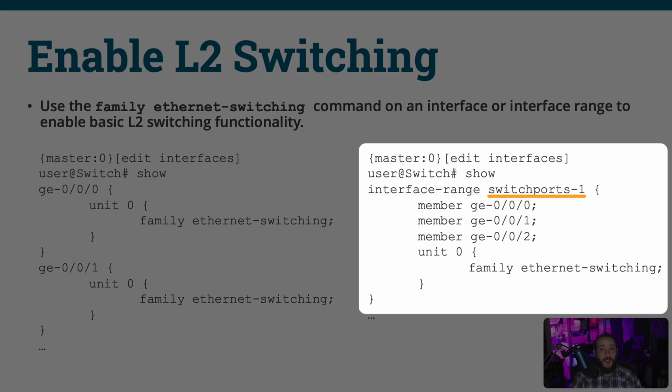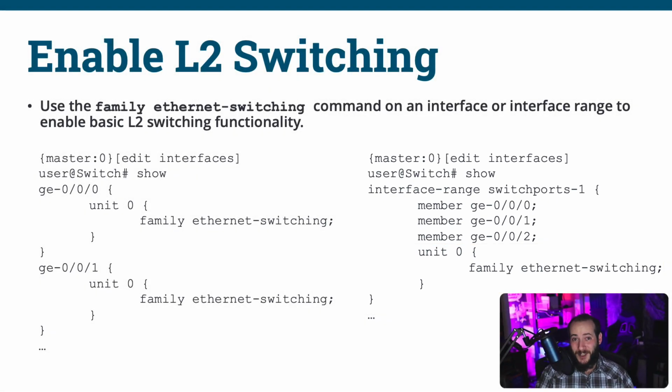The interfaces are added as members of the interface range by specifying them like here. Within the interface range configuration, any configuration options that are typically available at the physical interface hierarchy are available. Here, we are simply configuring the Ethernet switching under logical unit 0.